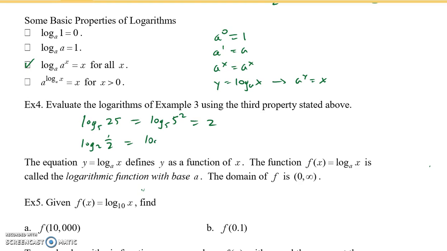If we recognize that 1/2 is itself a power of 2, it's 2 to the negative 1 power, then the logarithm cancels the 2 and we're just left with what's in the exponent. So this third property can be useful for evaluating logarithms if the expression within the logarithm can be expressed in terms of the same base as the logarithm.